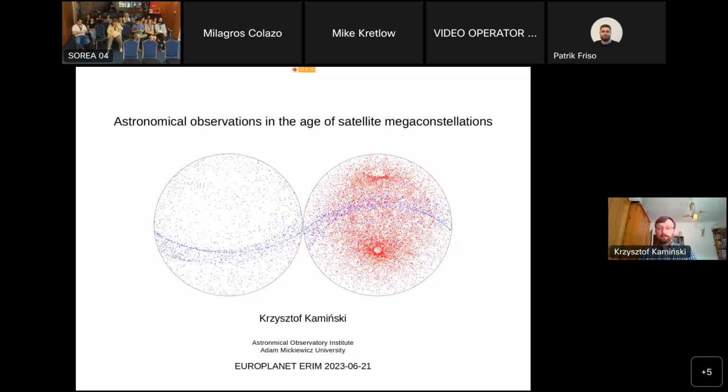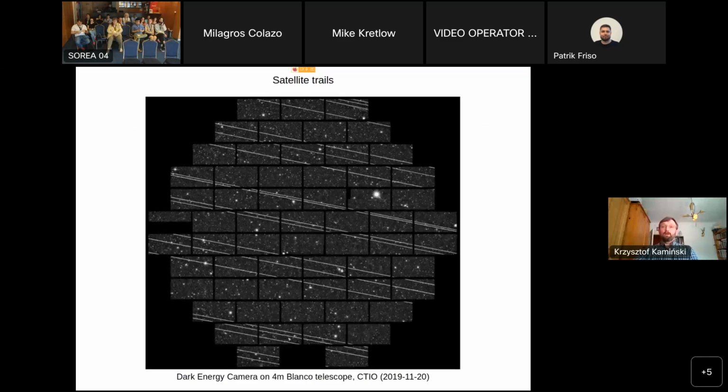But a few years ago, the interest in that topic sparked significantly, especially when this image was published, when a survey telescope with a relatively large aperture, a 4-meter telescope, recorded 19 bright satellite trails on a single image. These were Starlink satellites, and it was a kind of special circumstance. It's not a common situation as of now, fortunately, but because of that, it raised some concerns.